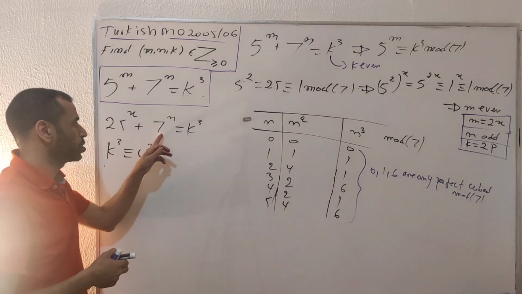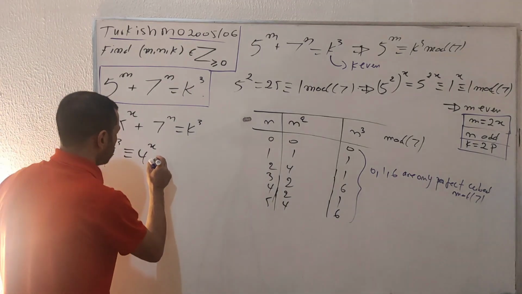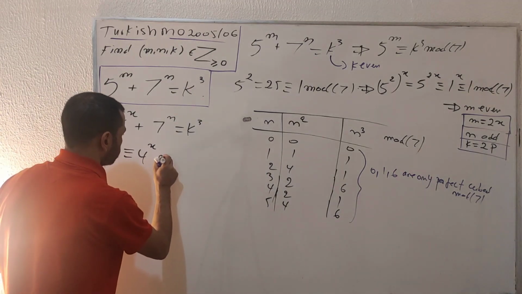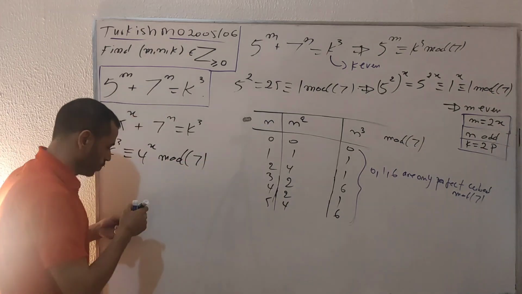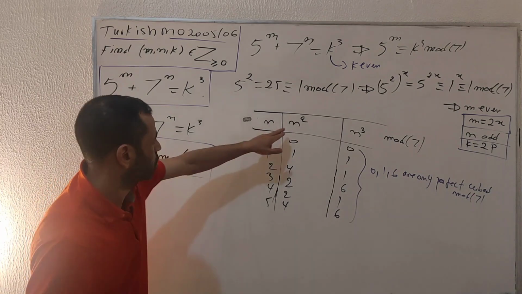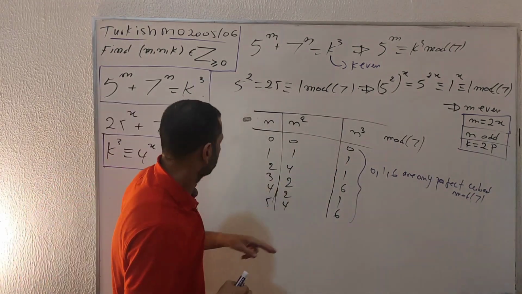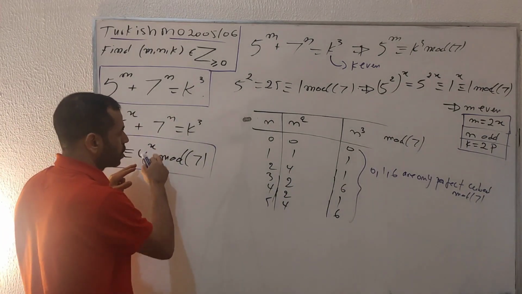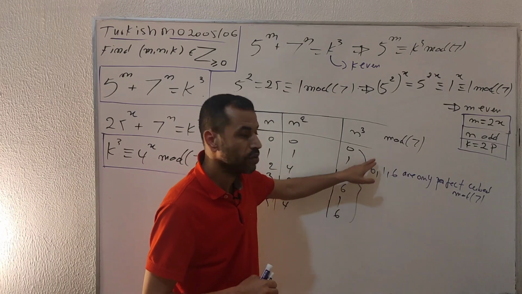The 7 to the n term is going to be 0 because 7 divides 7. So we'll have 4 to the x mod 7. Okay, if I go back to the chart, we know n cubed is expressed as a q cubed here, which means 4 to the x and q cubed must have the same remainder.